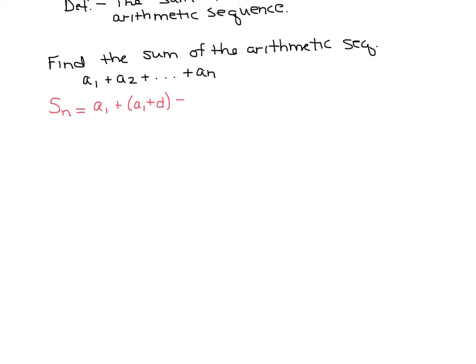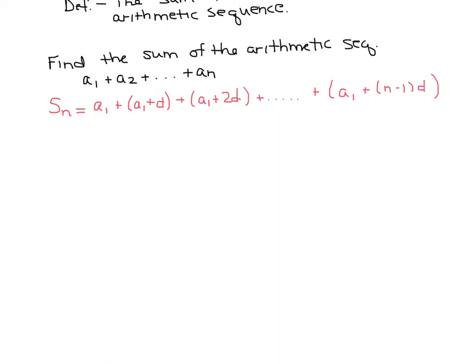A sub 3 is a sub 1 plus 2d. And I could keep going, but that takes me all the way up to my a sub n, which we know is a sub 1 plus the quantity of n minus 1 times d. So that's yesterday's arithmetic sequence formula.